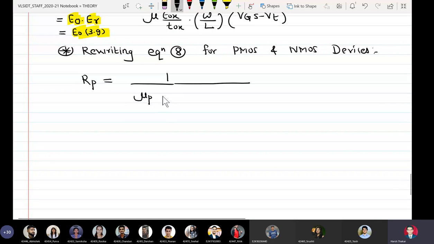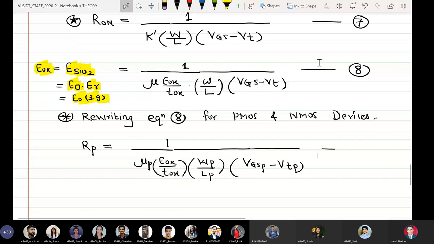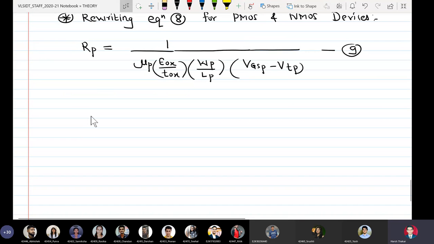So here we can say 1 upon mu P into epsilon ox upon T ox into width of PMOS upon length of PMOS, and we have VGSP minus VTP. This is equation number 9. Similarly, I will rewrite the equation for NMOS.